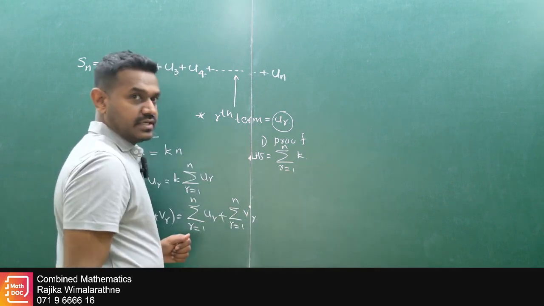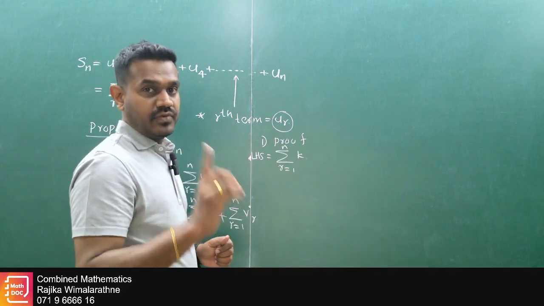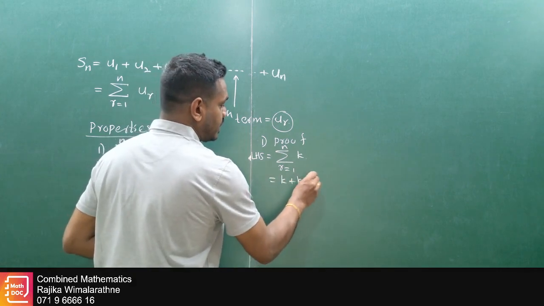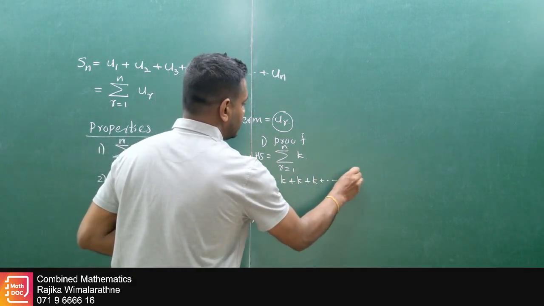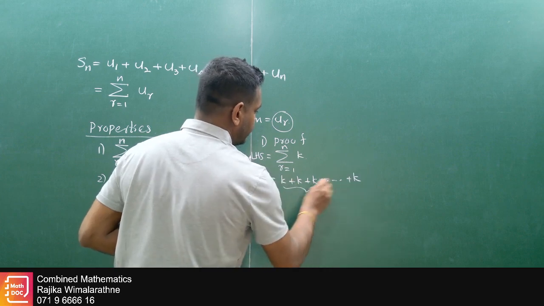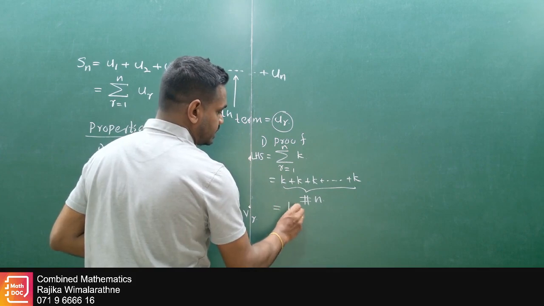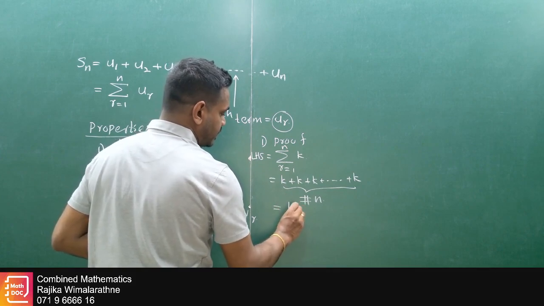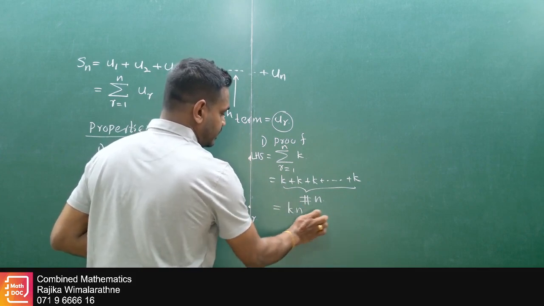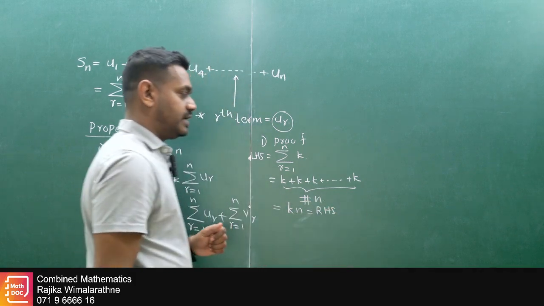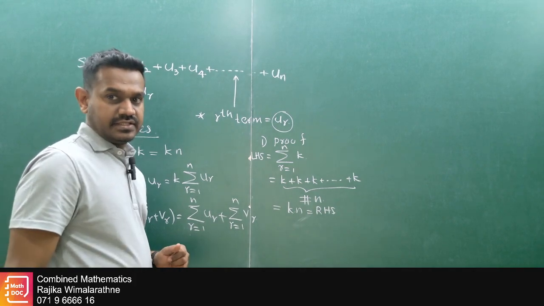That means the sum of n number of constant terms. Here we write k plus k plus k plus k, n number of terms. Therefore, it is k times n. That equals the right hand side. That's how we did the first relation.